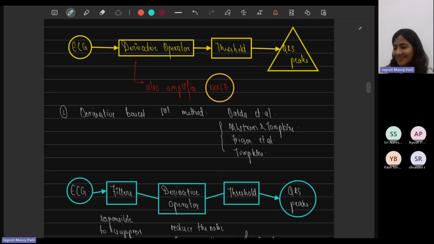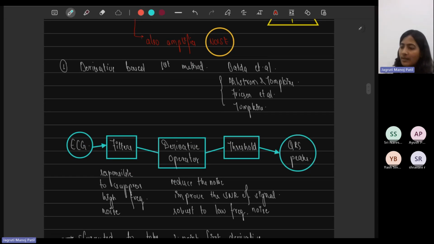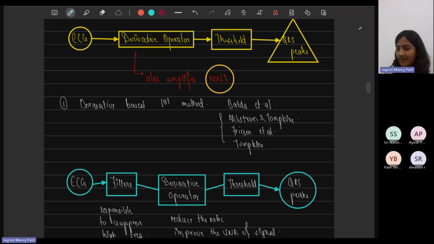Okay, here there's one difference between this yellow diagram and this sea green colored diagram. You have an additional entity, a filter added over here, just because we need to go out of this noise regime. We don't want this noise. So we take an ECG.